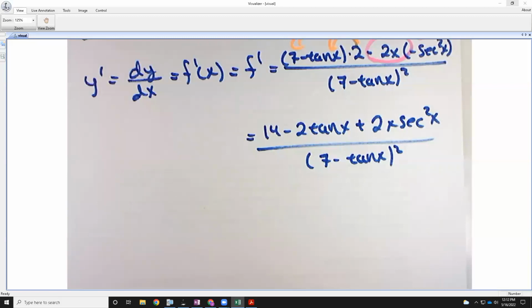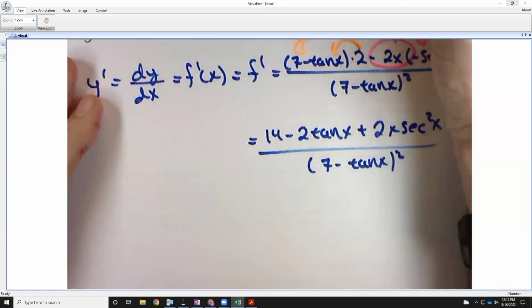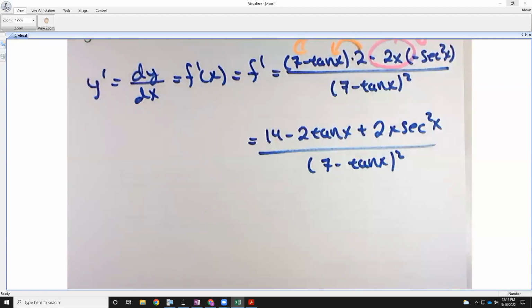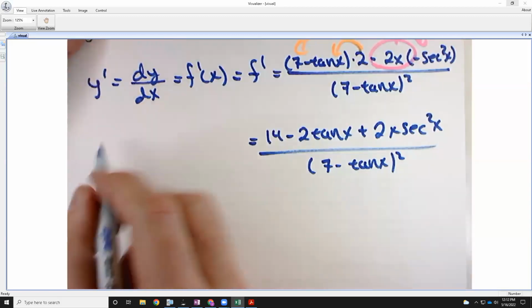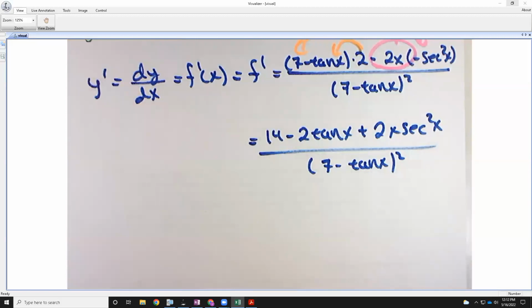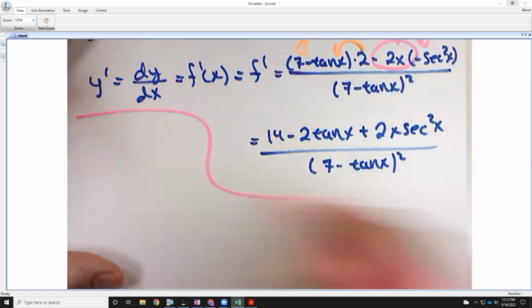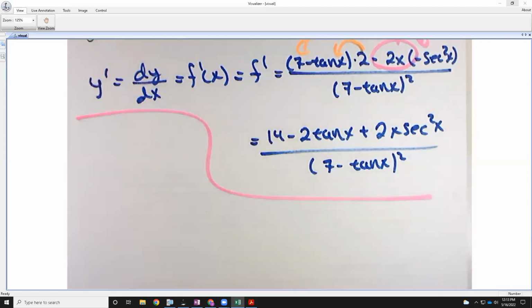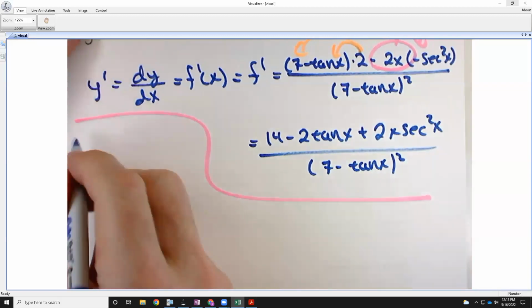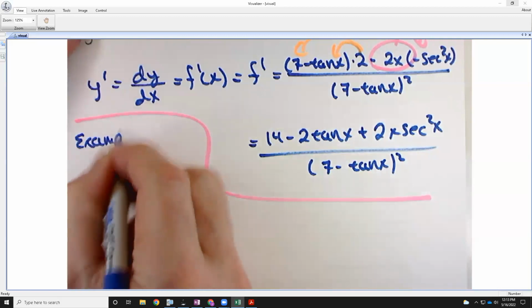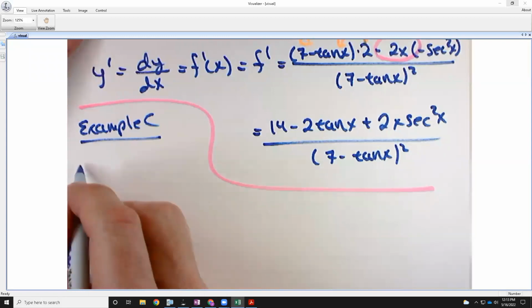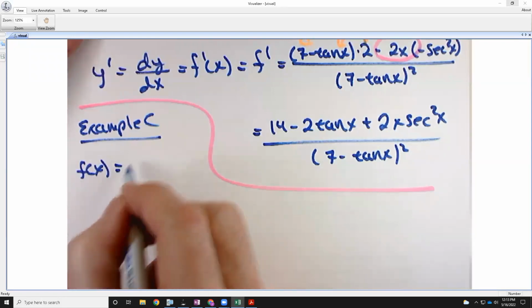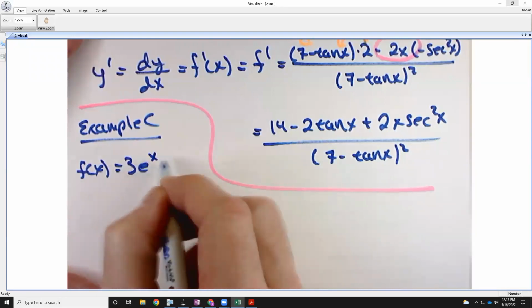Let's move on to example C. I'm trying to think what I want to number this. I guess this would be page 17. Example C: f of x equals 3e to the x cosine of x.